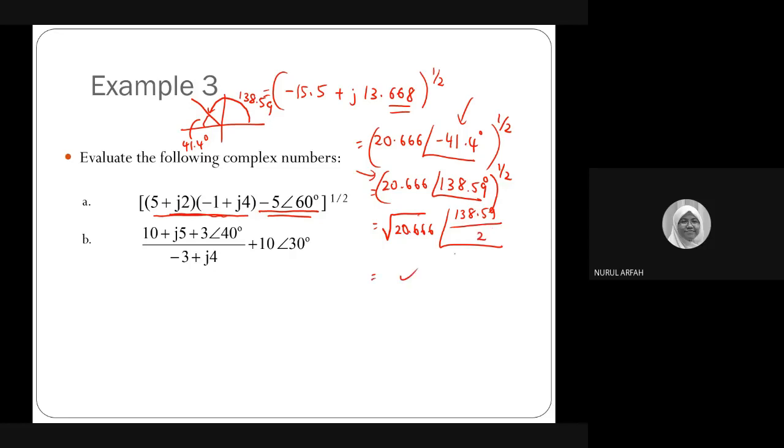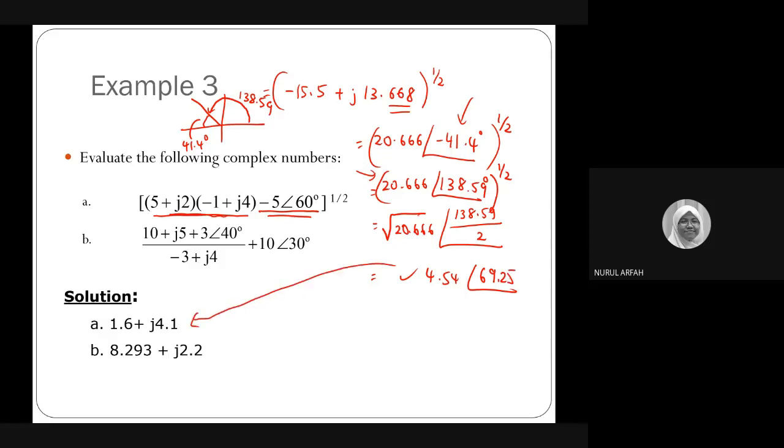Then you will get the answer. Usually the answer will be in polar form. So this one is equal to this. I think they already give you. If you have it in polar form, then it's okay. You can still convert it back to rectangular and you will get the same answer.